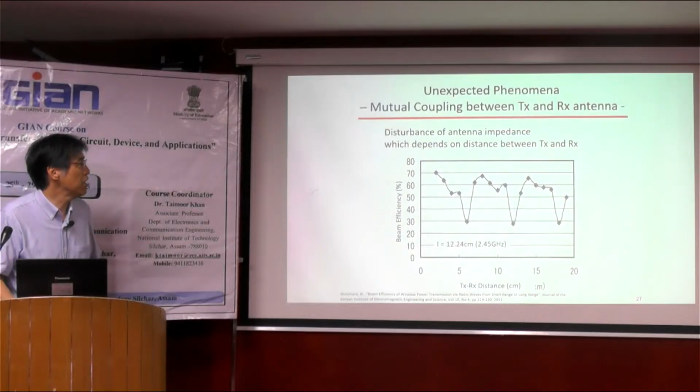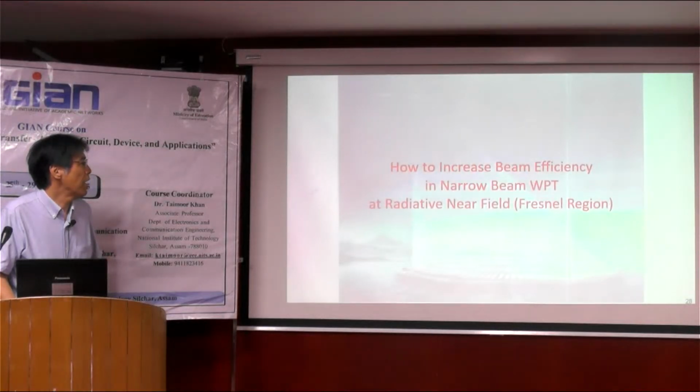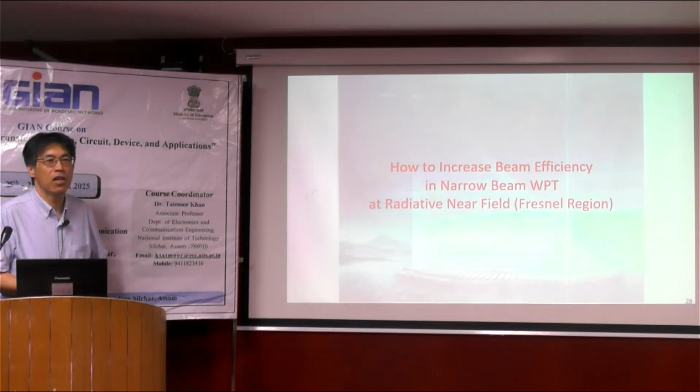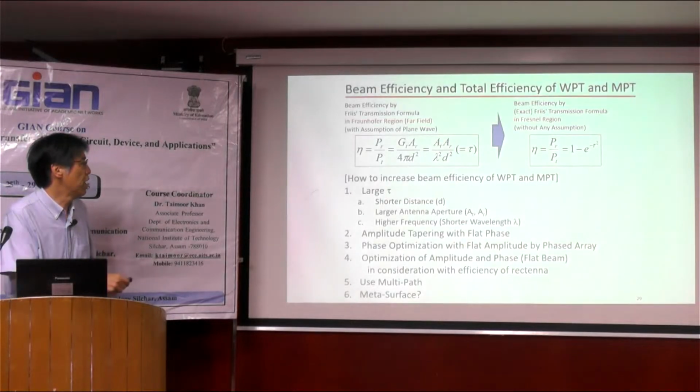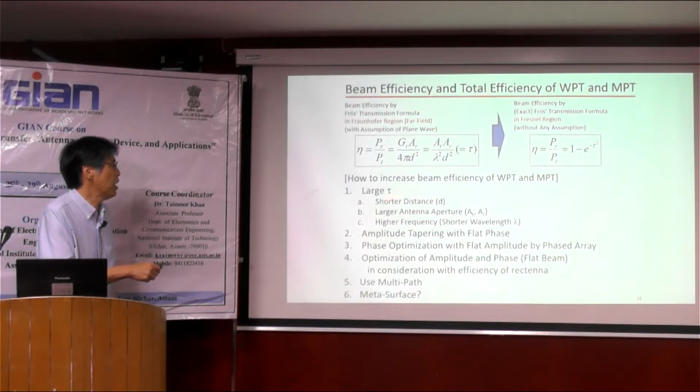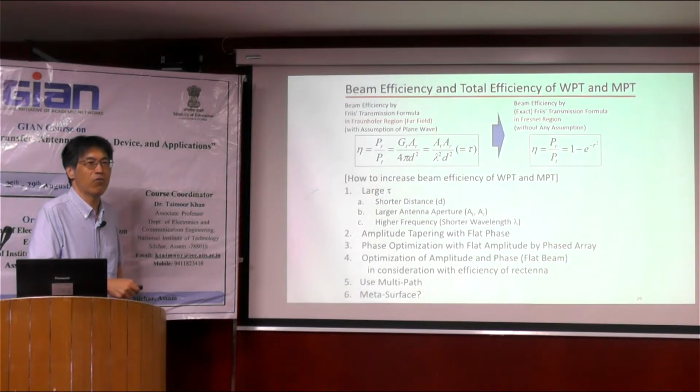But this is a beam efficiency classification in the radiative WPT system. Especially, I focus on the radiative near field distance WPT system, and how to increase the beam efficiency. Here, I introduced a very simple way to increase the efficiency based on the Friis transmission formula.